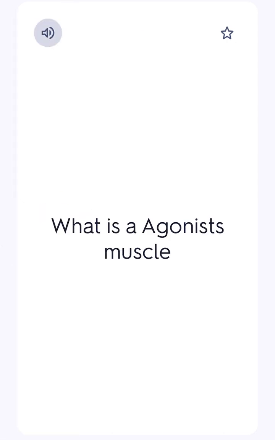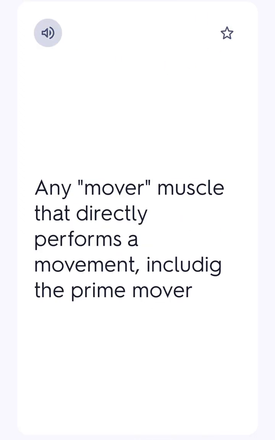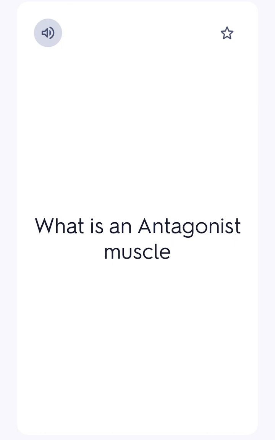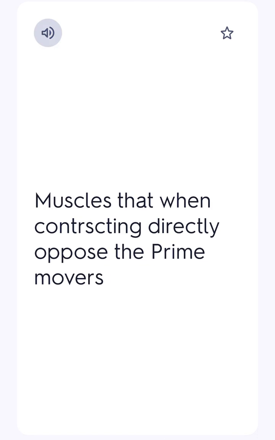What is an agonist's muscle? Any mover muscle that directly performs a movement, including the prime mover. What is an antagonist muscle? Muscles that when contracting directly oppose the prime movers.